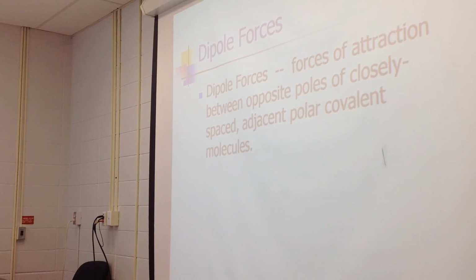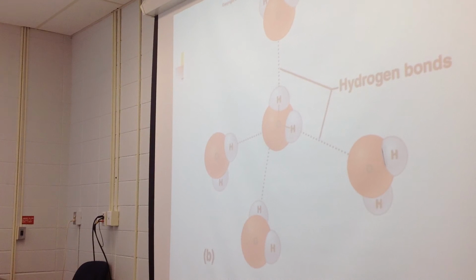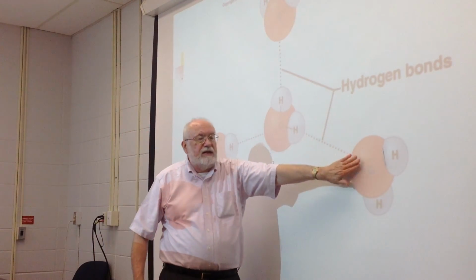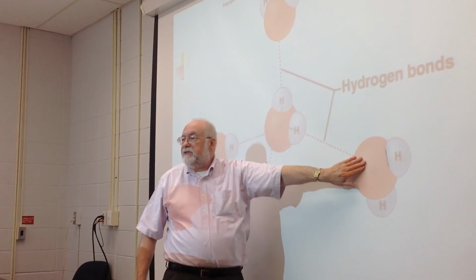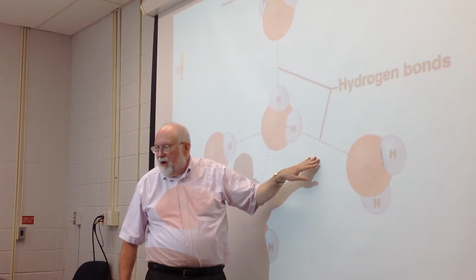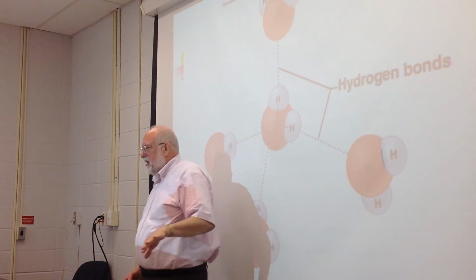Well, there's another pole, one with an opposite charge, right? So if you put a bunch of water molecules together, even though the hydrogen bonds tend to take precedence, you're going to get something that would look very much like that. Here is a positive pole of one, there's a negative pole of another. Opposites attract, right? There you go. All right? Well, that's simple, isn't it?